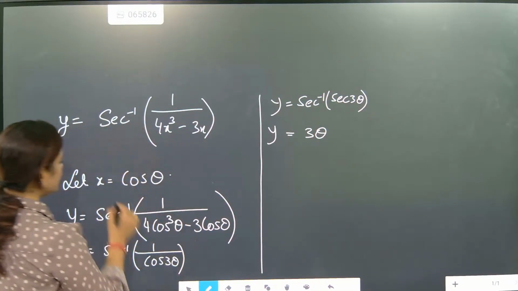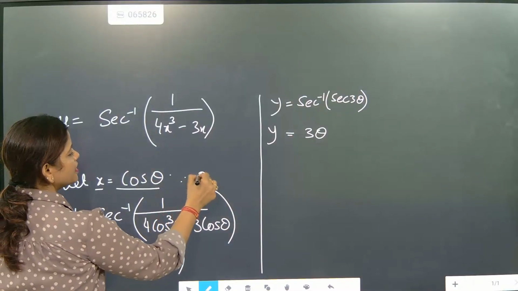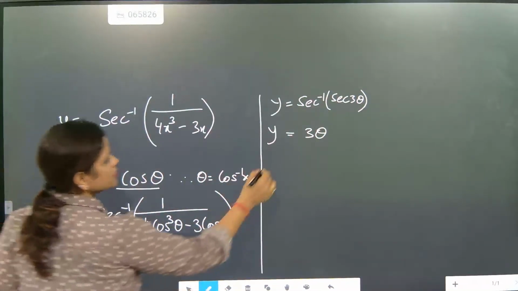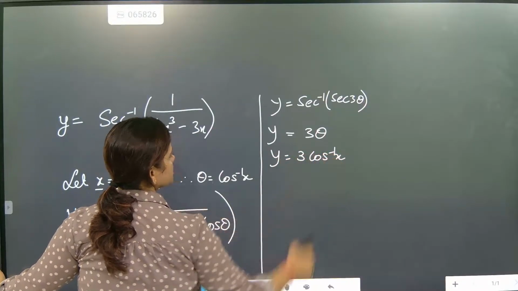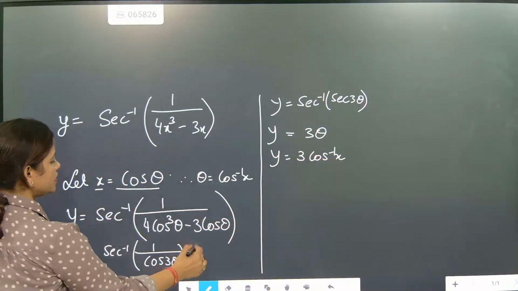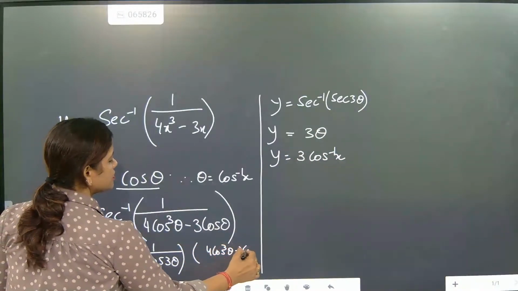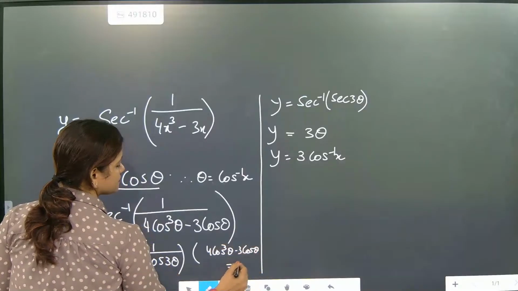Now you have taken x is equal to cos theta, so what is the value of theta? Theta is equal to cos inverse x. So y is equal to 3 cos inverse x. Got it? Because we know that 4 cos cube theta minus 3 cos theta is cos 3 theta.